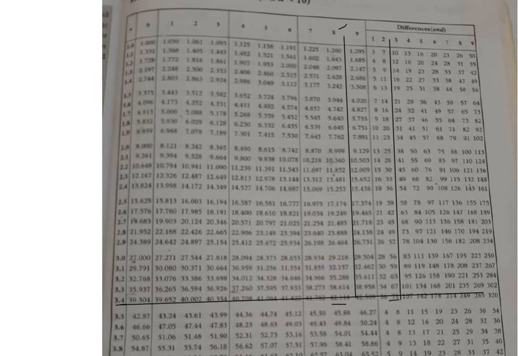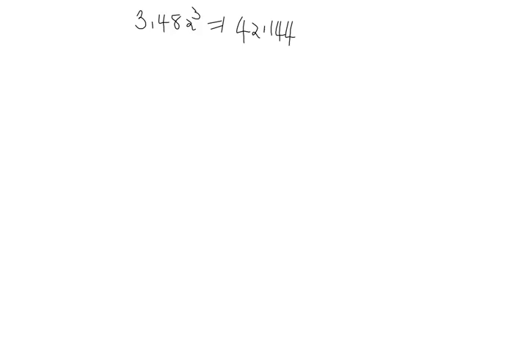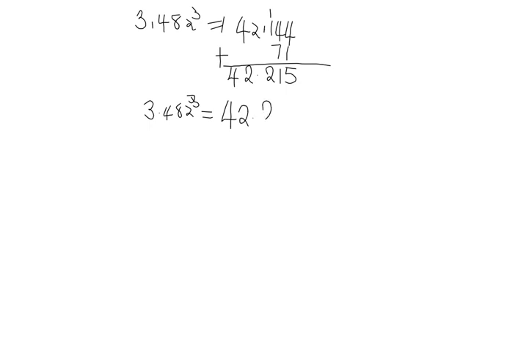So on this number, we are supposed to add 71, which will give us 5, 1 carry 1, 2, then we have 2 and 4. So this means that 3.482 cubed is equal to 42.215.